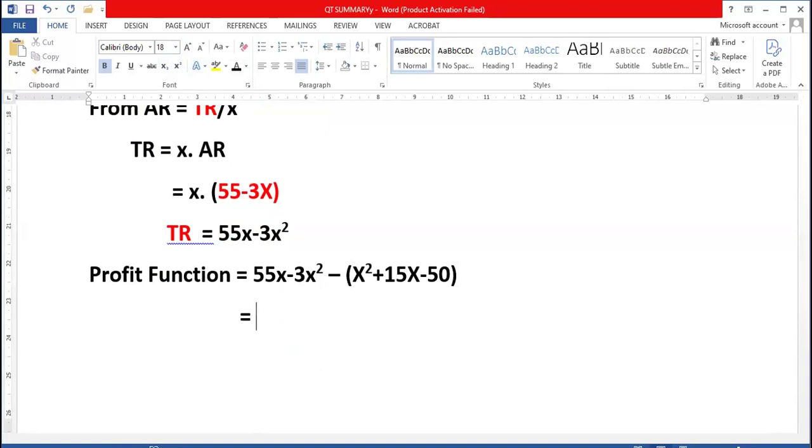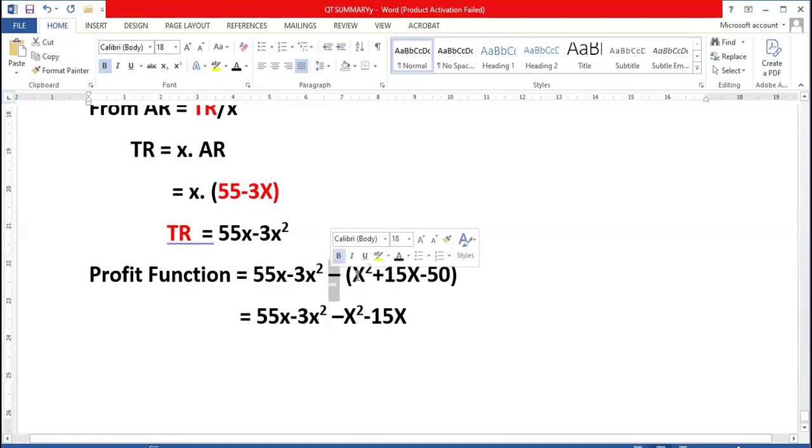This will be 55x minus 3x squared, then minus a negative times a positive, you get a negative. So it will be minus 15x. Always open the bracket. Then minus a minus times a minus, you get a positive.